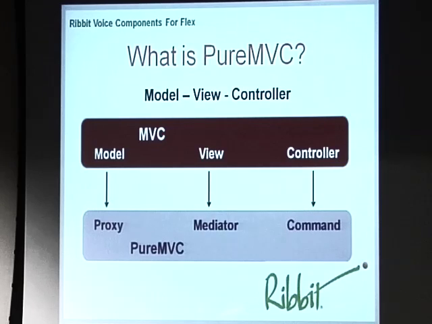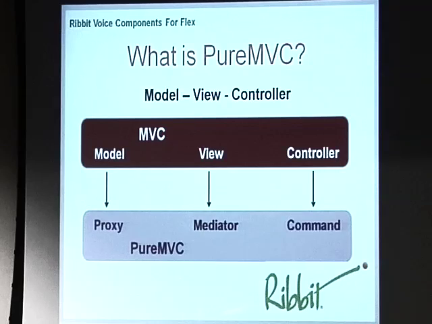Your views are set to mediators. Mediators are just kind of the go-between between the actual UI component and being able to push that data off to the controller. You can also access straight to the proxy if you want to from the mediator.